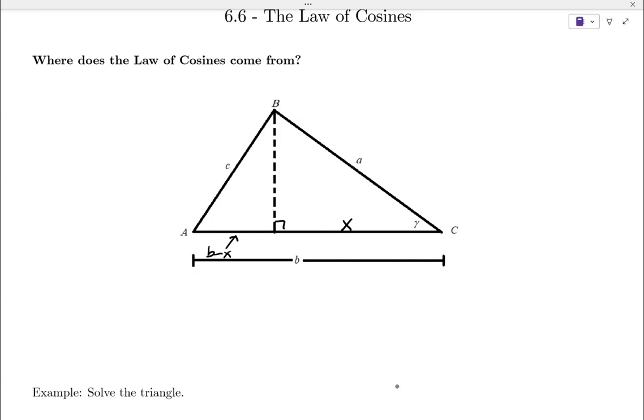Okay, I can do cosine, right? We know that cosine of gamma would be x over a. We agree with that? Okay. Or your x then would be a cosine of gamma.